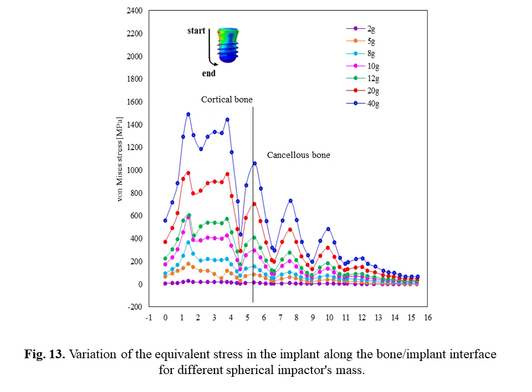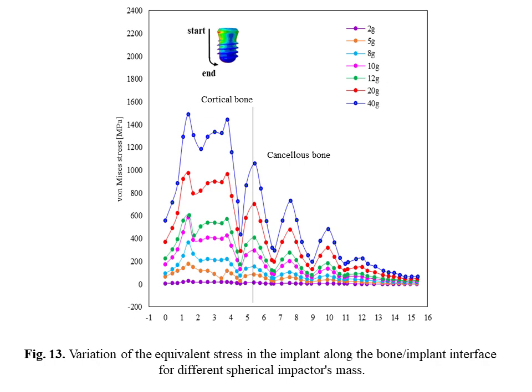In relation to the other components of the dental prosthesis, it is noted that whatever the mass and shape of the impactor, the weakest volumetric stresses are generated in the cancellous bone.